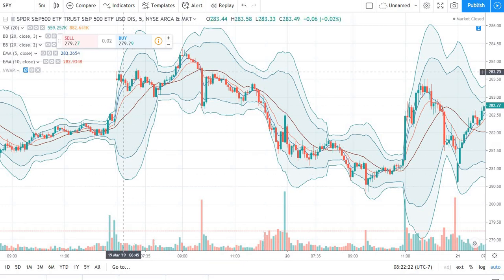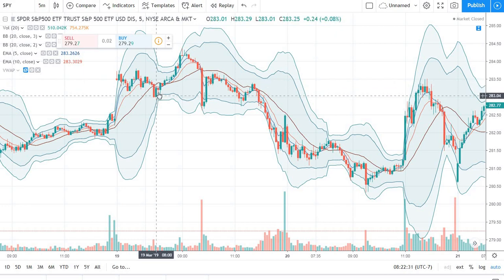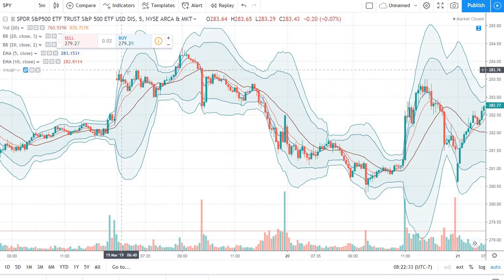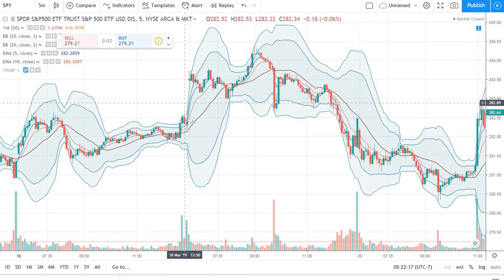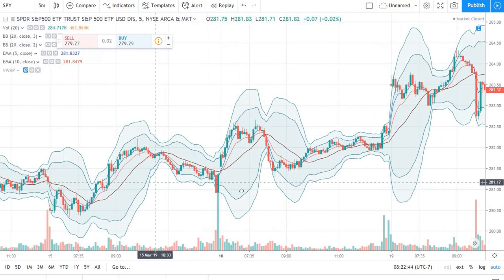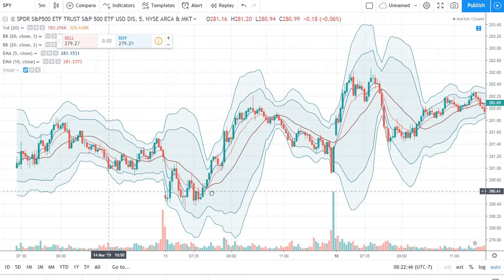Yeah, so here, comes outside the Bollinger Band, came back down here, stayed above the moving average, came back down, came back up. So we just don't want to buy the gap ups. Usually they pull back to support, or the S&P likes to go back and fill the gaps too. So where's another example?